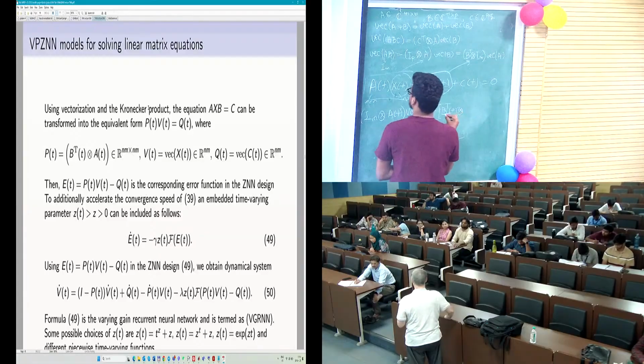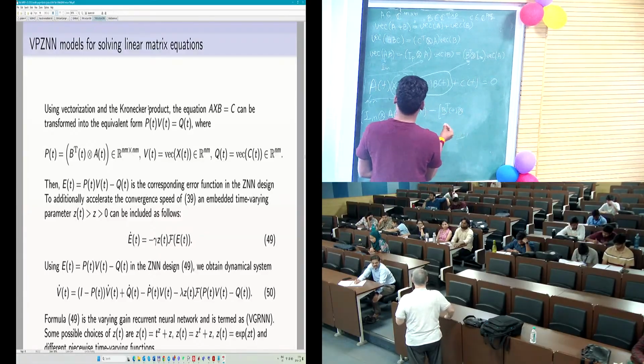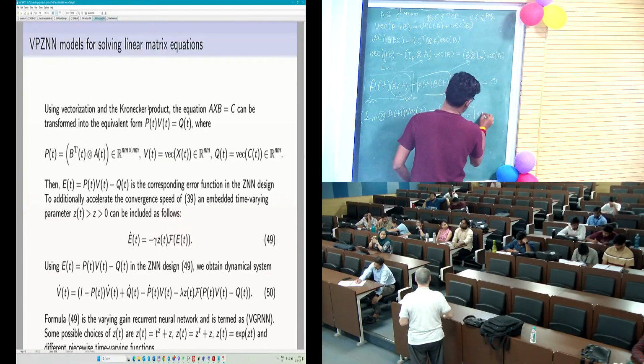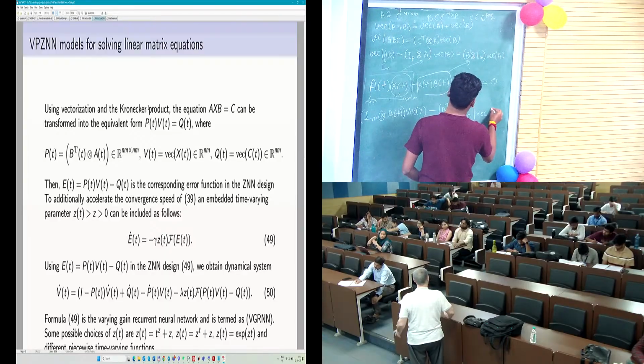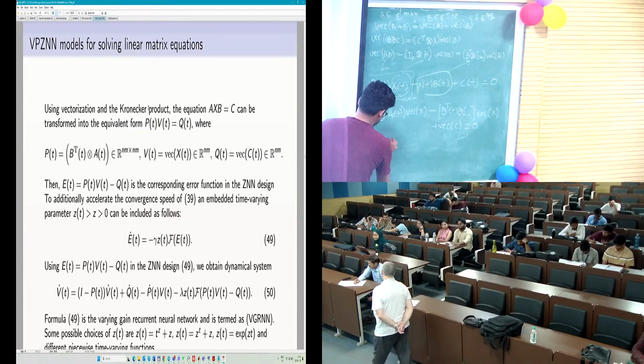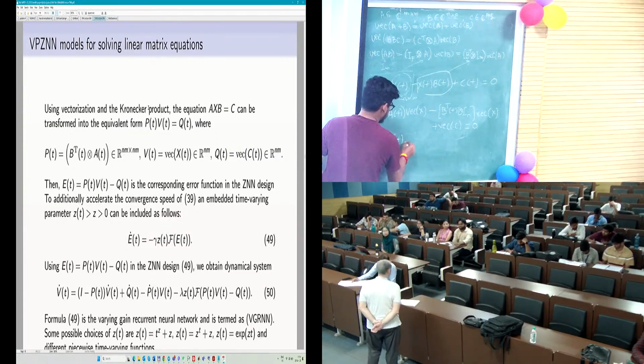And finally, we learned something about varying parameter ZNN. We started to modify ZNN, not only to apply it. It's time to modify gamma, use varying parameter gamma of t. And better is to use gamma of t.